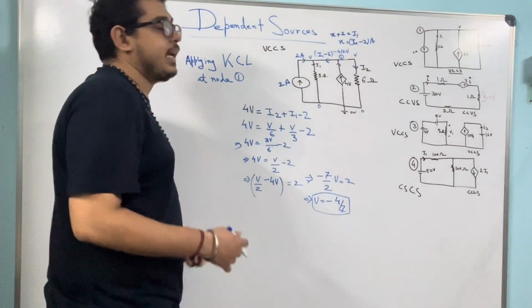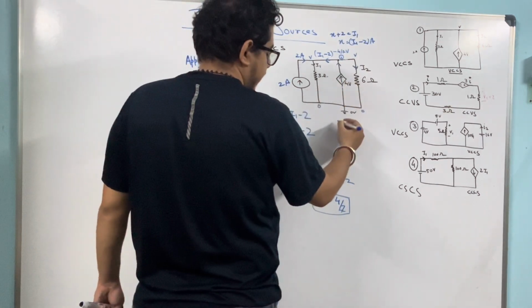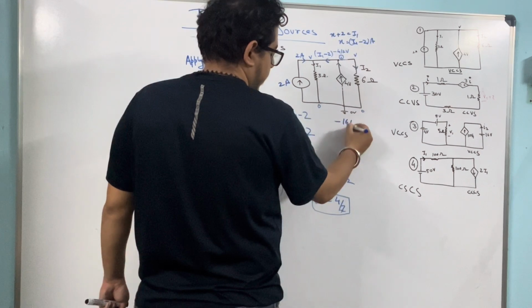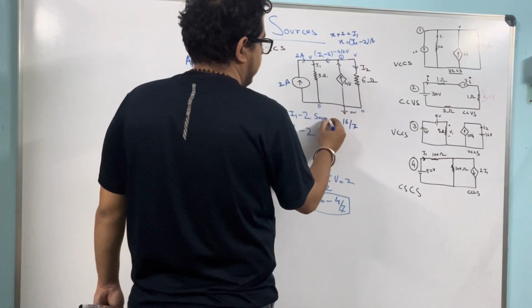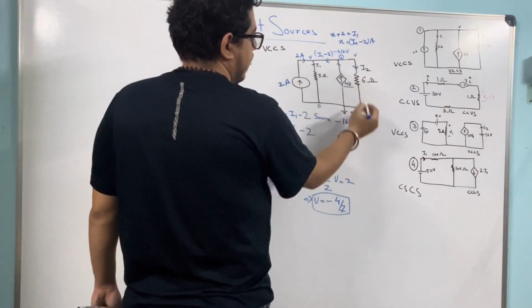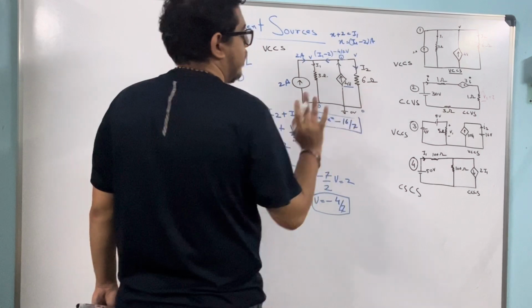So now I can solve every question. What is the total current, the source current? It is 4V, so it will be minus 16 by 7. So the source current will be minus 16 by 7.